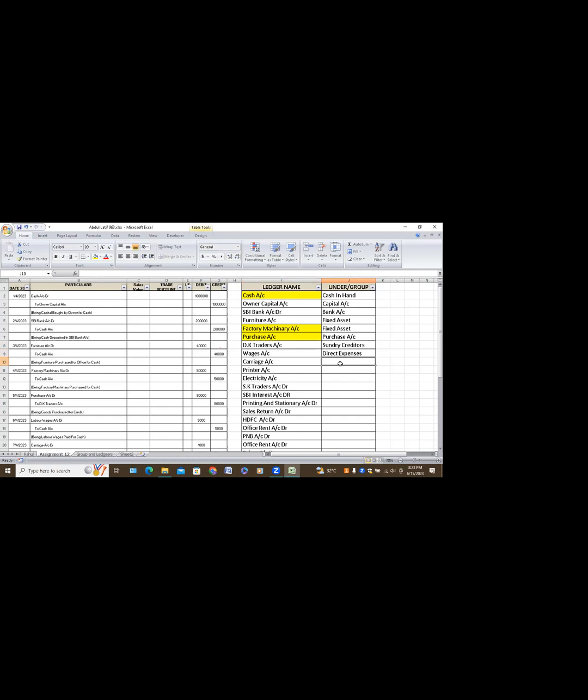Rent account is a fixed asset. Printer is a fixed asset. Electricity account, indirect expenses.